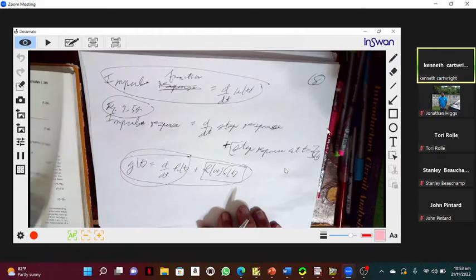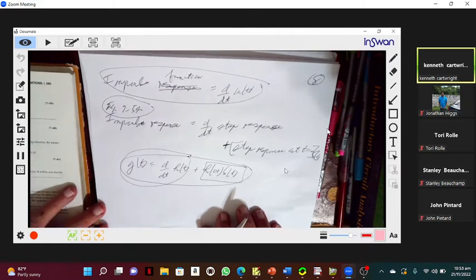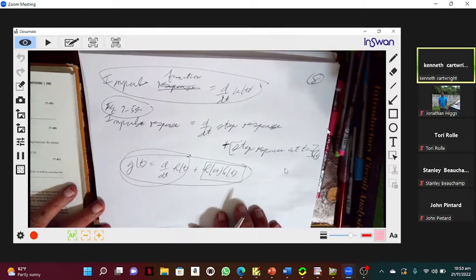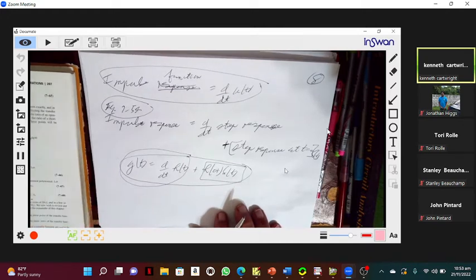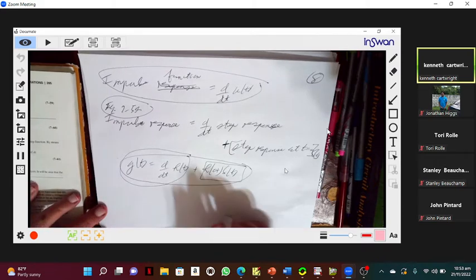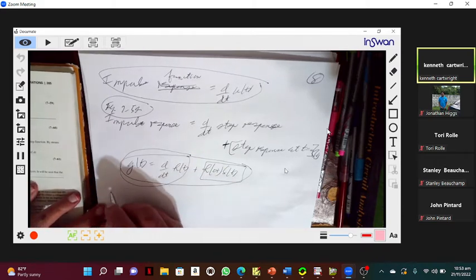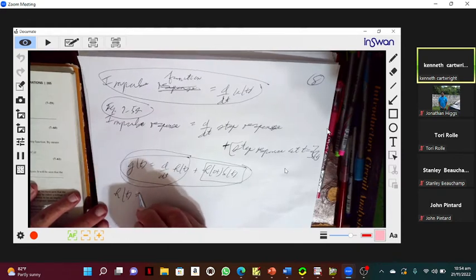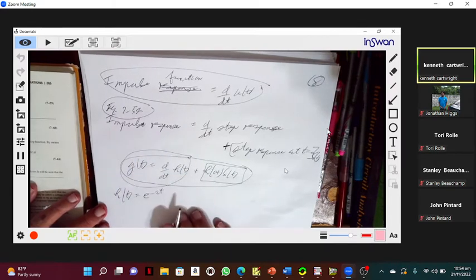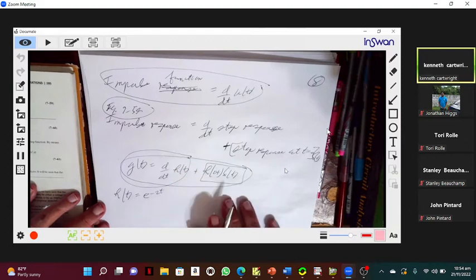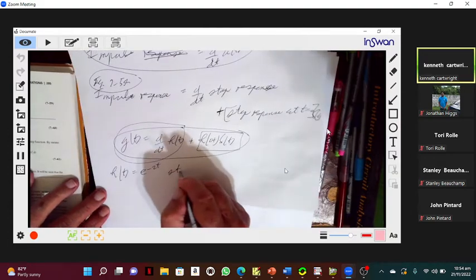Let's do an example. Let's do step response. Let h of t be e to the minus 2t. This is step response.